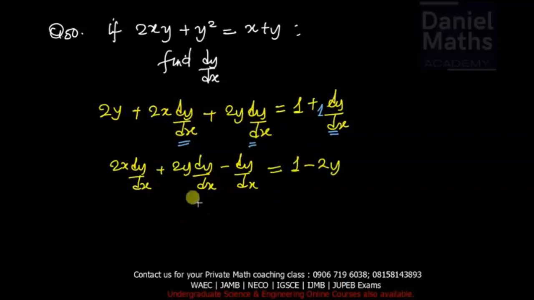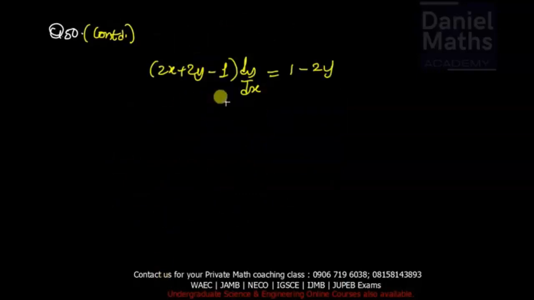If I go further from here, dy/dx is the common factor, so this is going to give me 2x plus 2y minus 1, times dy/dx, is equal to 1 minus 2y. So this is what I have. Now I'm going to find dy/dx.